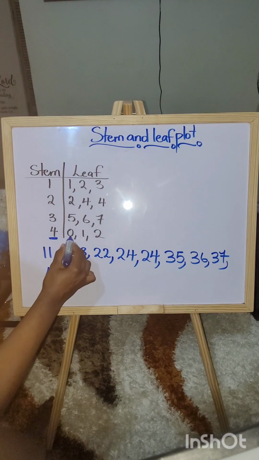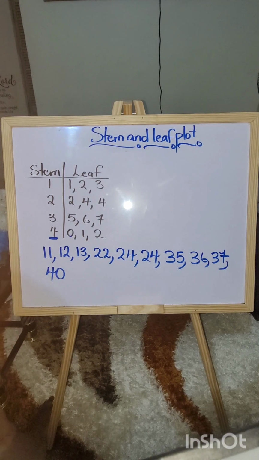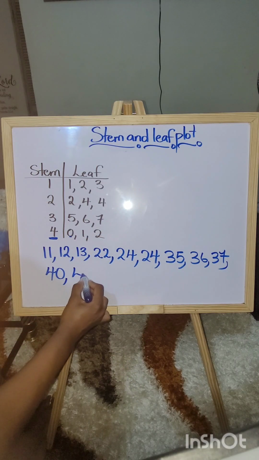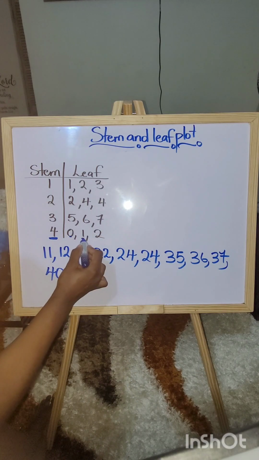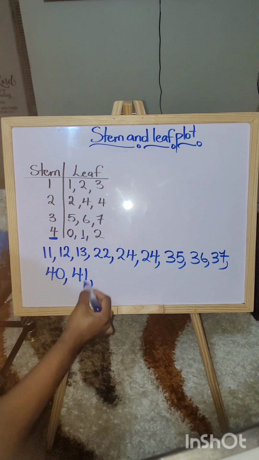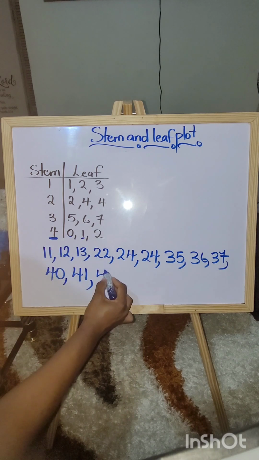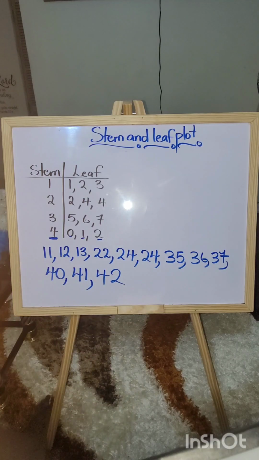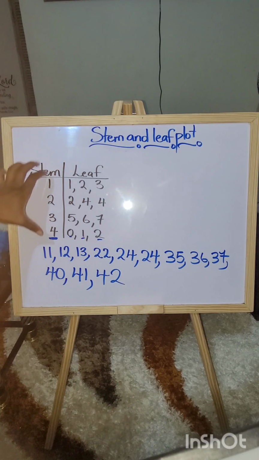If I only write 40, it means that I am not finished because there are other numbers there, comma. Write back this stem. What's the next number? 1, 41. Write back this stem, and the leaf is 2. That gives me 42. So those would have been all the numbers on this stem and leaf plot.